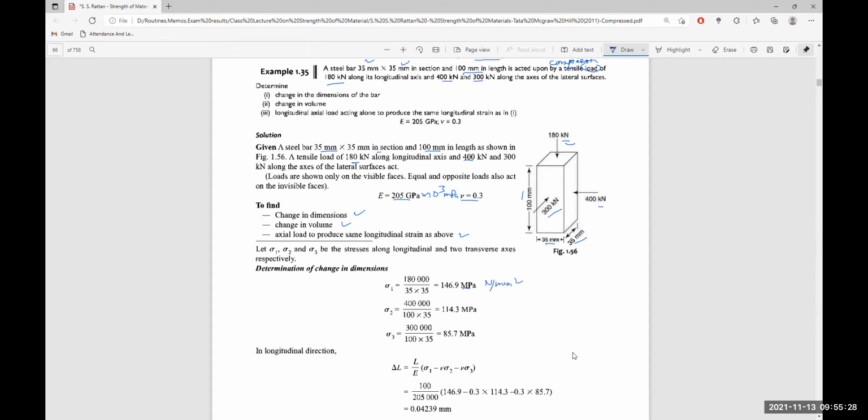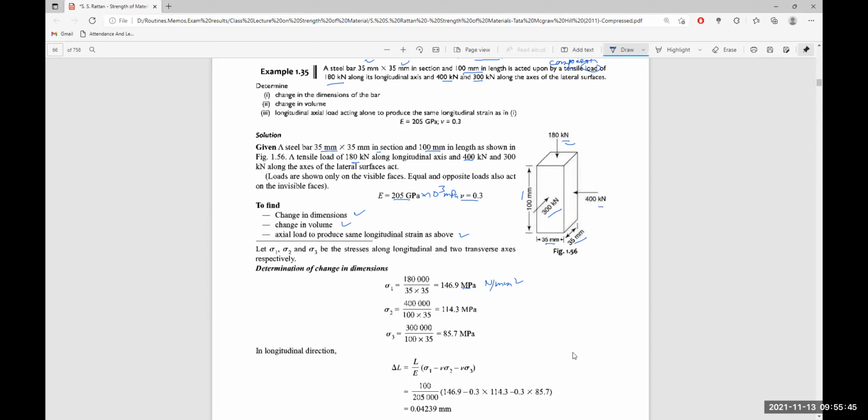Similarly, this 400 kilonewton is acting over this particular surface whose size is 35 multiplied by 100. So 400 divided by 100 into 35 gives sigma 2 as 114.3 megapascal, or newton per millimeter square.